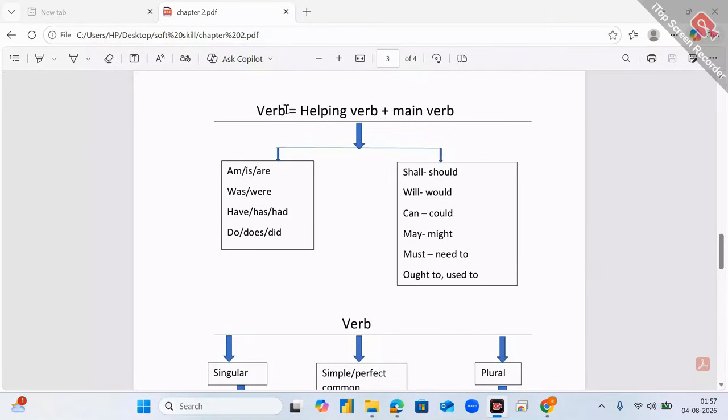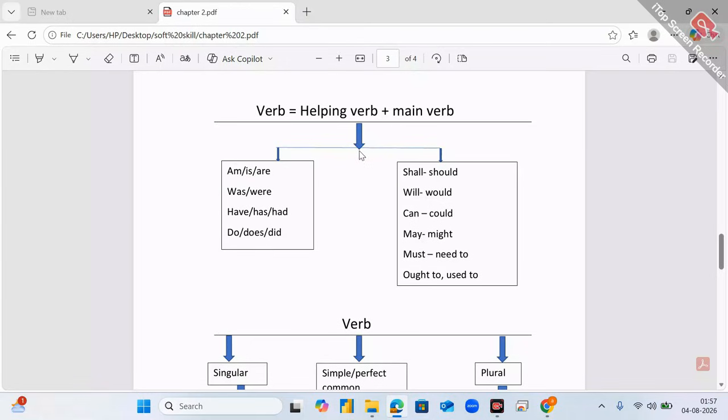Okay guys, let's move forward. Verb is equal to helping verb plus main verb. So let's understand this. This is am, is, are, right? Am, is, are, was, were, have, has, had, do, does, did. All these are helping verbs.